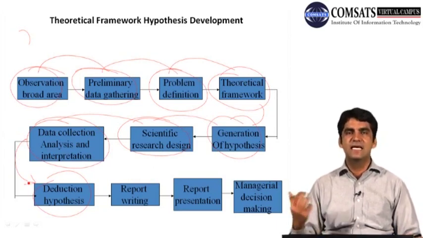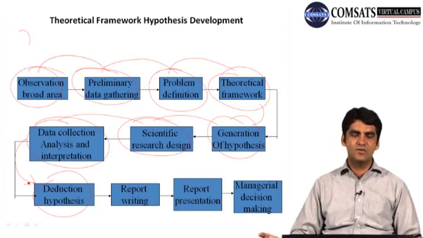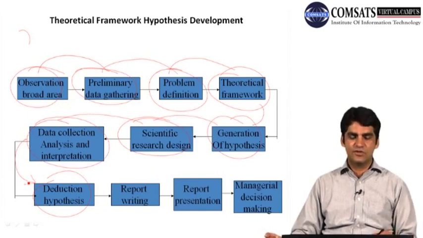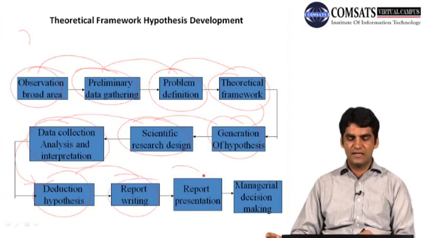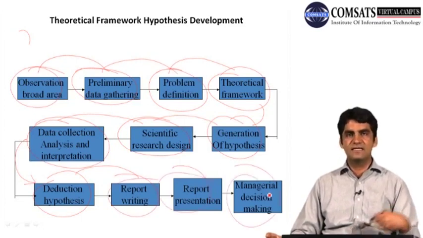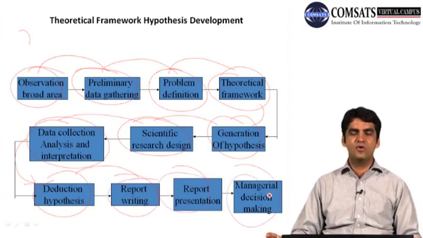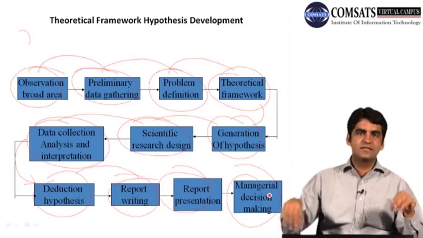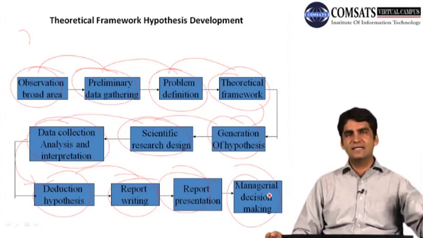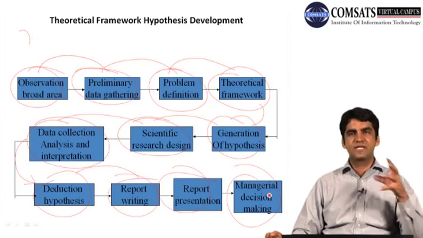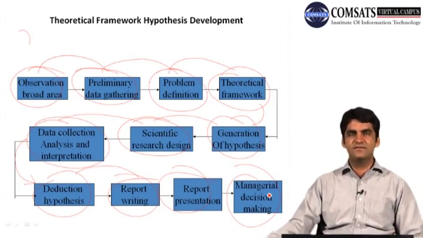Deducing the hypothesis means either accepting it or rejecting it based on our own hypothetical relationship. Then we start report writing, presenting, and we get a managerial decision on it. So this is how the whole process of research moves from starting with a broad area of observation to writing a report and getting the final decision about your report.